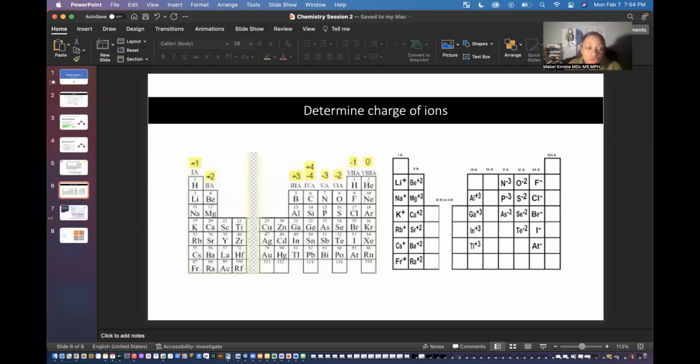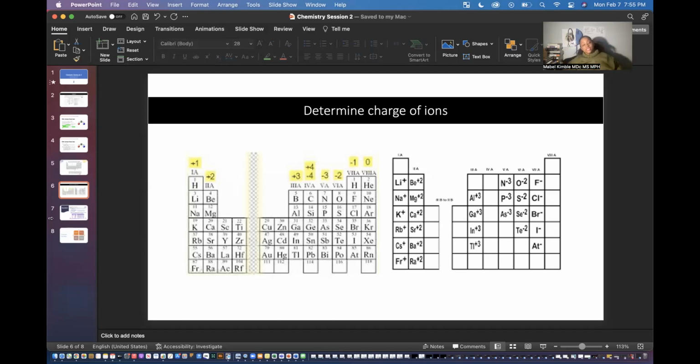Anything in group A is going to have +1 because it's losing 1. Anything in group B is going to be +2 because it's losing 2. Anything in group 7 is going to be -1, and -2 in group 6, because it's gaining. Anything in group 5 is going to be -3. Anything in group 4 is going to be +4 or negative 4. And 3 is +3 because it's losing 3.